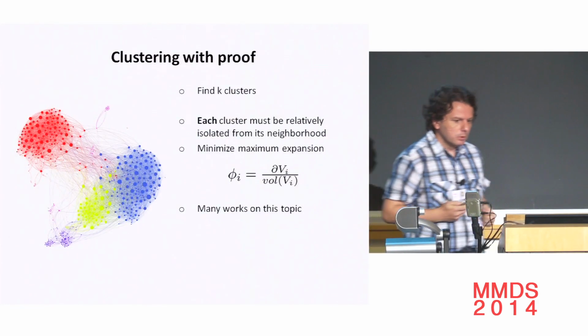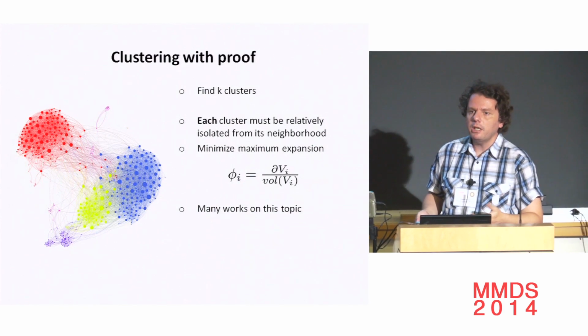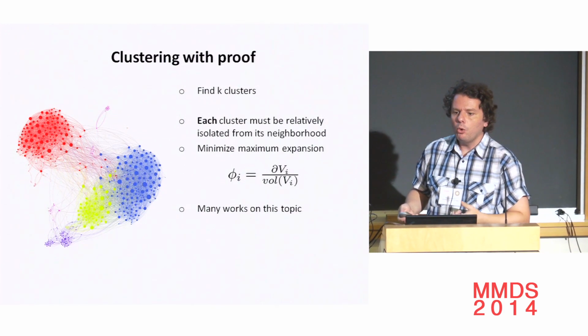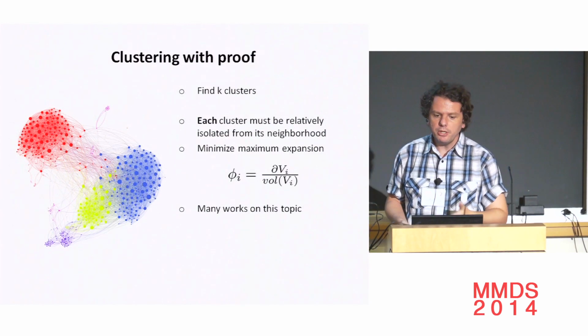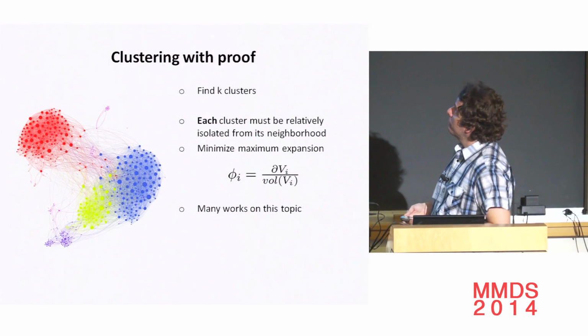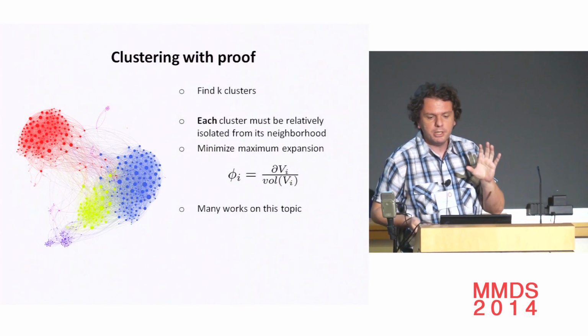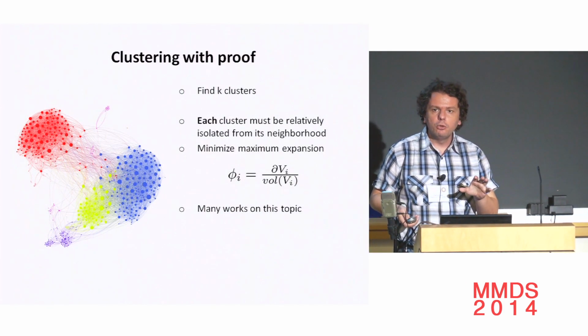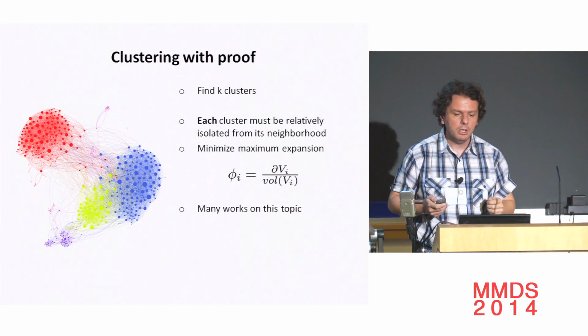Well, here's a problem. Pick your favorite network, and the problem is to find k clusters. I want the clusters to have some sort of quality associated with them, which I can define, for example, as wanting to minimize the maximum expansion. So I want basically each cluster to be relatively isolated from its neighbors. Okay?